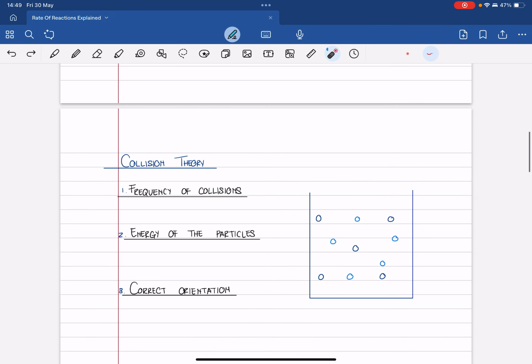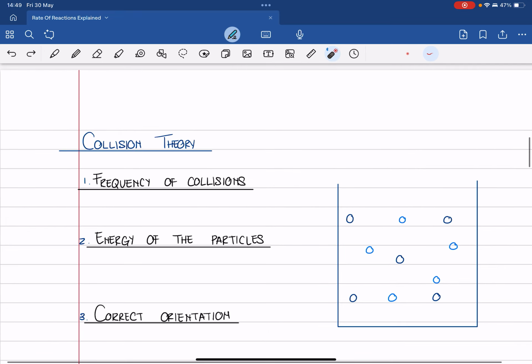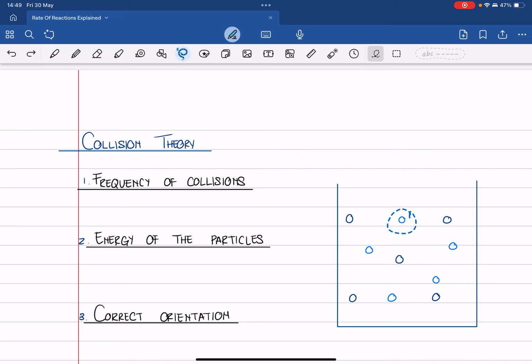Now we cannot talk about rate of reactions without taking a look at the collision theory. So the collision theory is important because it helps us understand how reactions happen, okay? So this theory says to us the reactions happen because particles are colliding, all right? So I've got a beaker here on the right-hand side, and what this theory is telling us is that reactions happen because these particles are colliding.